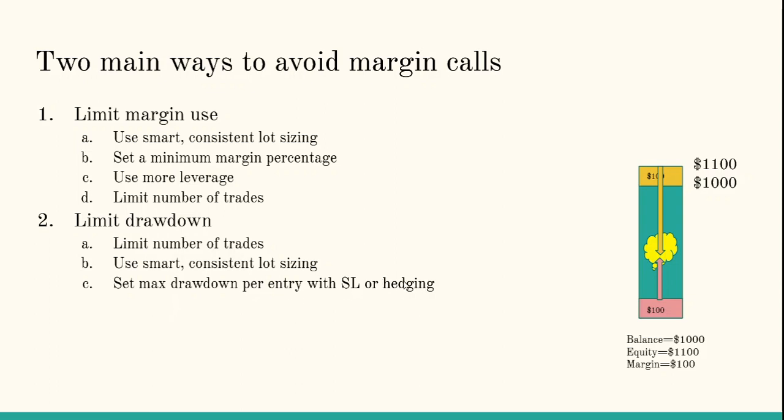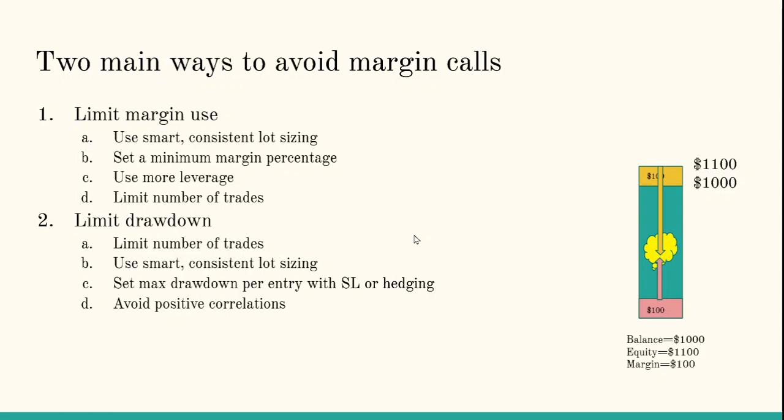Be careful with hedging because hedging will increase your margin use because you're opening up another trade to trade in the opposite direction that uses additional margin. But that's mitigated if you're using a high leverage broker. And avoid positive correlations. Now, positive correlations, we'll be discussing that in some detail later on, but that would be anything that if you've got 2 trades open or 4 trades open and they all tend to move together.